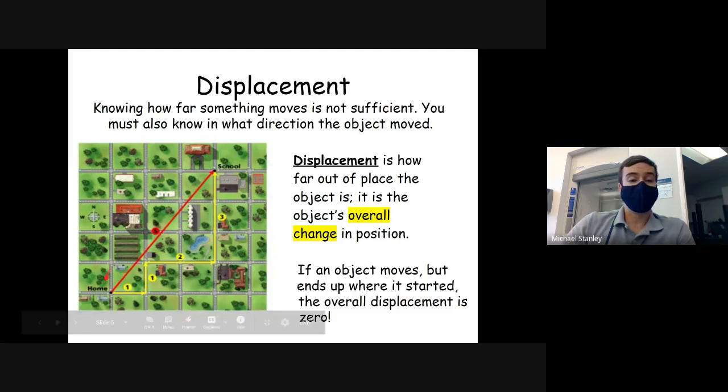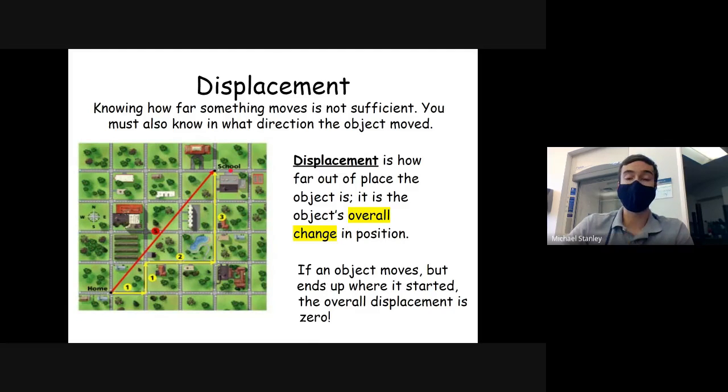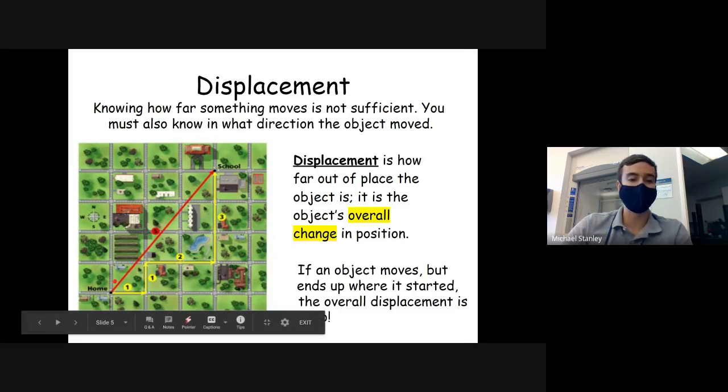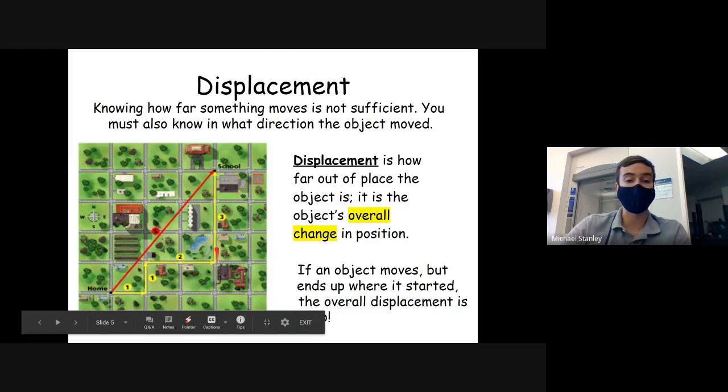However, in a straight line, the school is only 5 miles away from your house. If you were to take a giant ruler and measure directly from your house to your school, it's only 5 miles, even though you traveled 7 miles in order to get there.